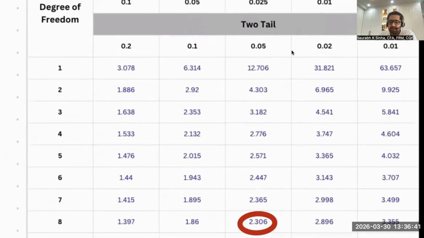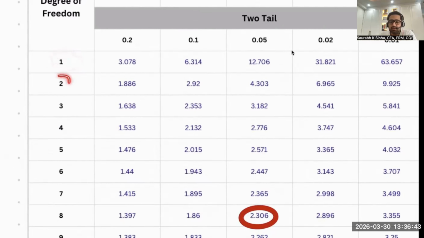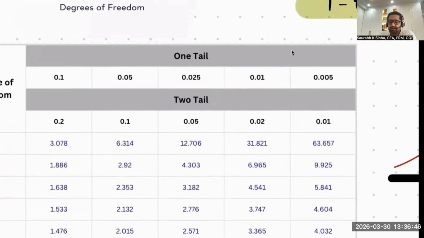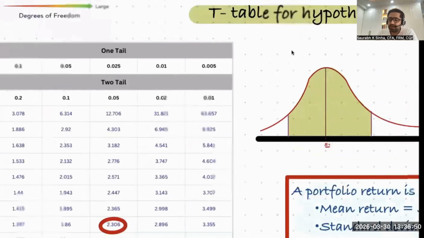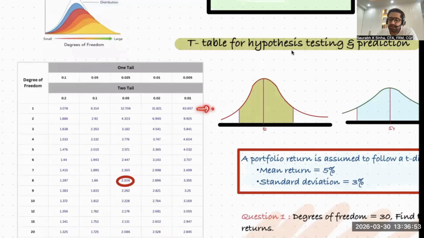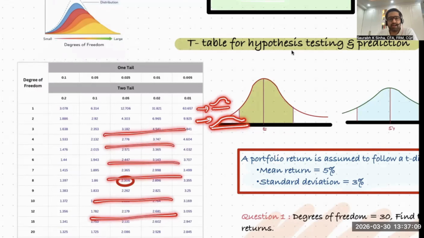So see what is happening in this table. 1 degree of freedom, 2 degrees of freedom, 3 degrees of freedom. So this complete row is representing one distribution. And you have a different shape of distribution at different rows, because every row here is representing a different shape of the t distribution.